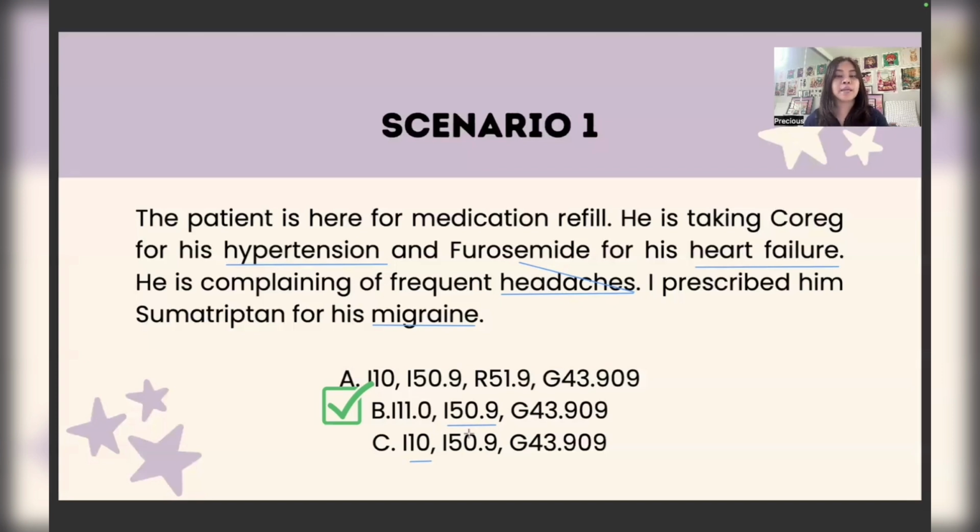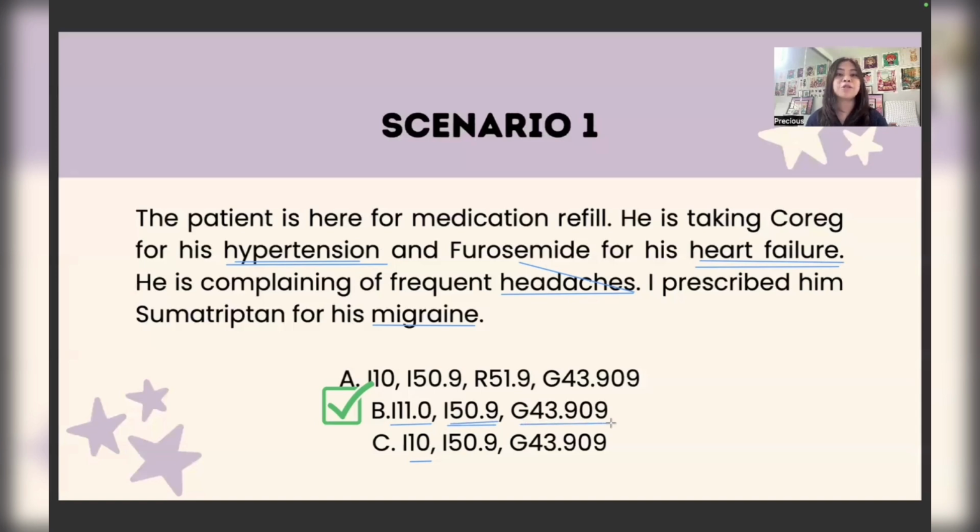So if there is hypertension and there is heart failure, you have to remember that these conditions follow the "with" guidelines. Hypertension and heart failure has a causal link. So hypertension with heart failure is I11.0. And heart failure is I50.9. And G43.909 is migraine. So we have 3 codes right here.